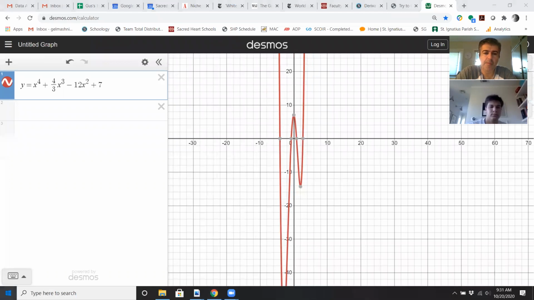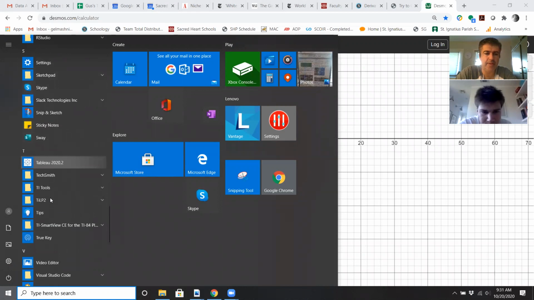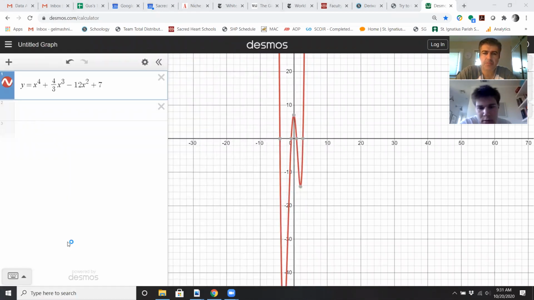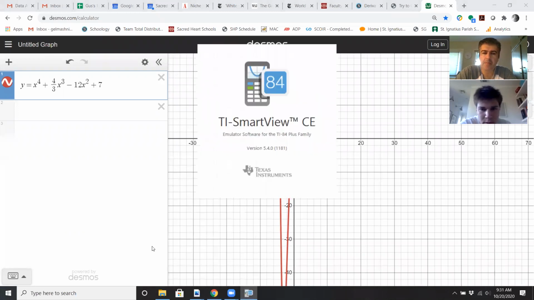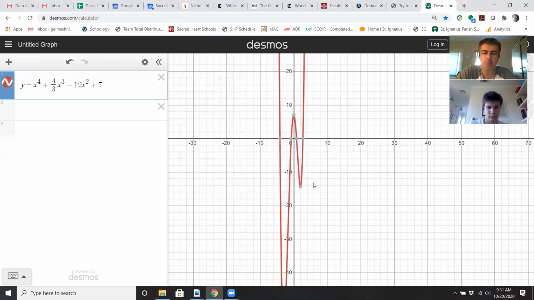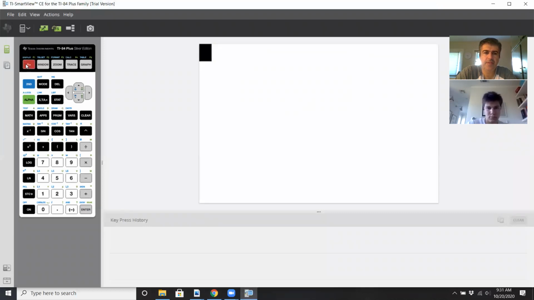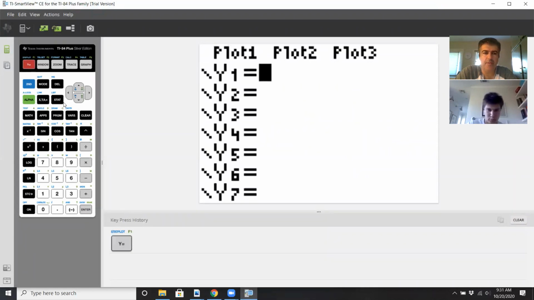Another way you can verify is to go to your TI-84 calculator. Okay, it's taking a sweet little time. I will probably need to get a description to this, but sorry, I'll do that later. I cleared it from before. That's okay.